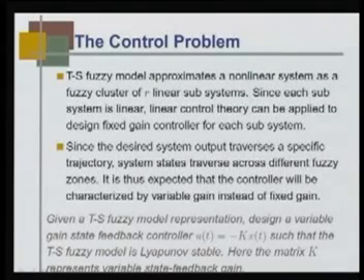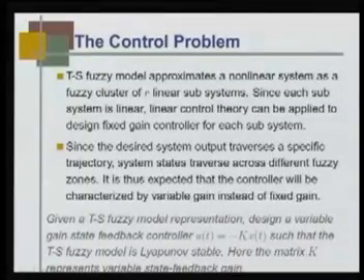Okay. Now, we will talk about the control problem. The T S fuzzy model approximates a nonlinear system as a fuzzy cluster of R linear subsystems. Since each subsystem is linear, linear control theory can be applied to design a fixed gain controller for each subsystem. Since the desired system output traverses a specific trajectory, system states traverse across different fuzzy zones.